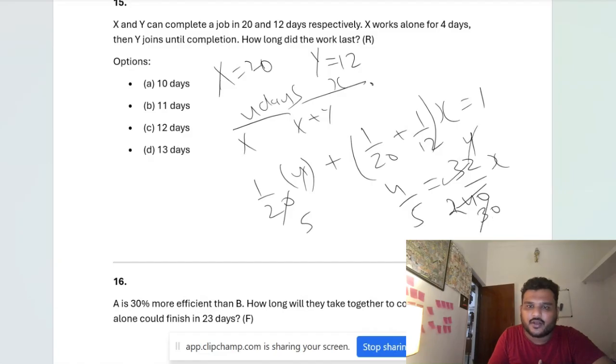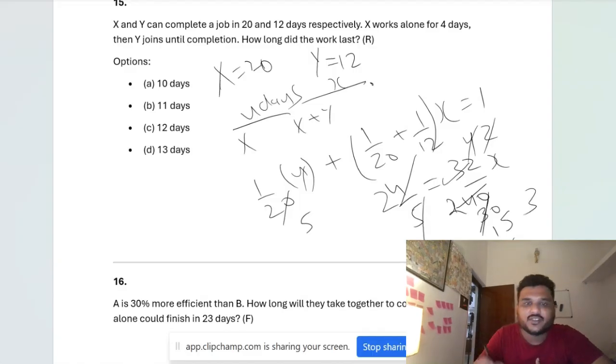So this will be 2, this will be 15. So again, this will get cut 2 and this will get cut 3. So x comes out to be 6. So it took 6 days, but it is saying how long did the work last? So it won't be 6, it will be 6 plus 4, or 10.